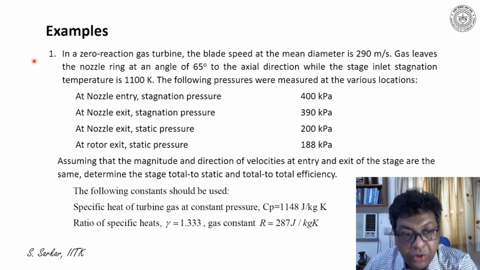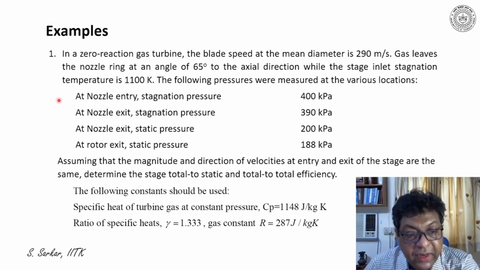Gas leaves the nozzle ring at an angle of 65 degrees to the axial direction, while the stage stagnation temperature is 1100 Kelvin. The following pressures were measured at various locations.